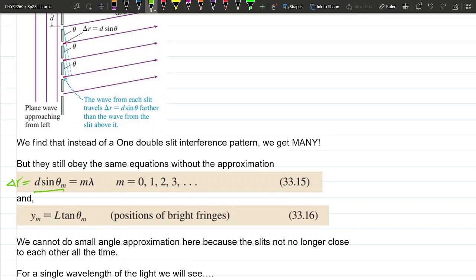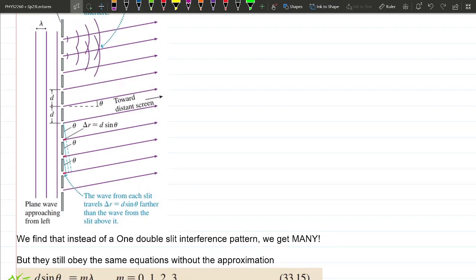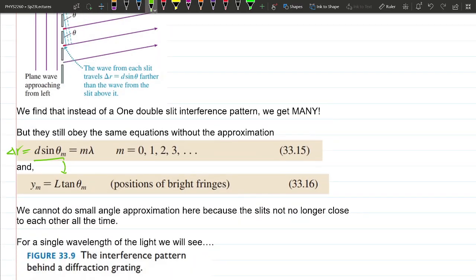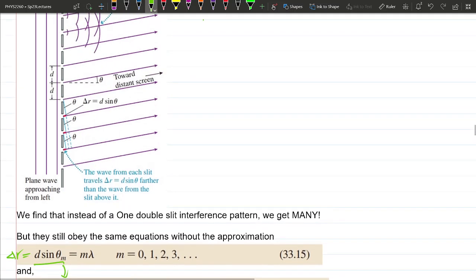And then in the diffraction grating case, we are not going to make the small angle approximation, because for diffraction gratings some of the angles might be big, some might be small. You cannot make that approximation anymore, okay? So if you continue on without the approximation, what you will find is that y of m, meaning the position where you see the bright and dark spots, let's say you have the central position here, this is y of m equals 0, y of m equals 1, y of m equals 2, and so on.